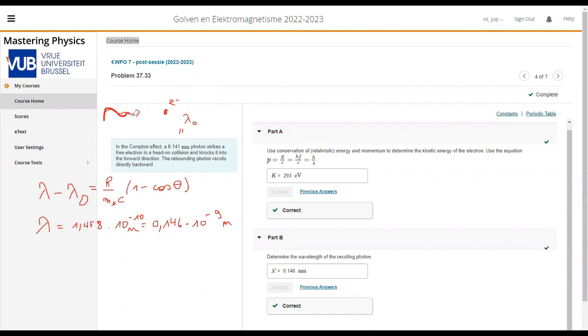We have this photon and this electron here, and that is just my beginning wavelength. So I took this equation just to find my new wavelength, the wavelength when my photon bounces to the left side.